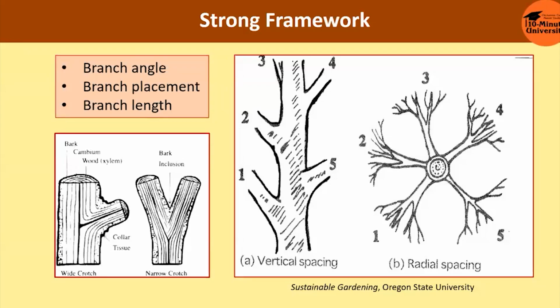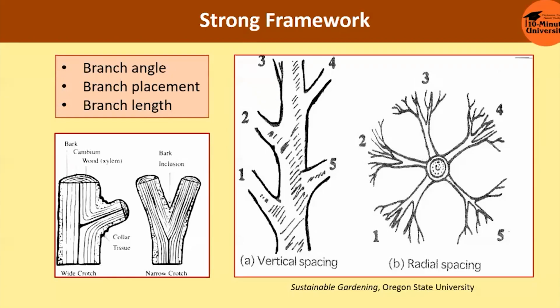When we look at branch placement from the side, these branches should be spaced 8 to 24 inches apart. And looking down from the top, the branches should radiate from the trunk like spokes of a wheel.